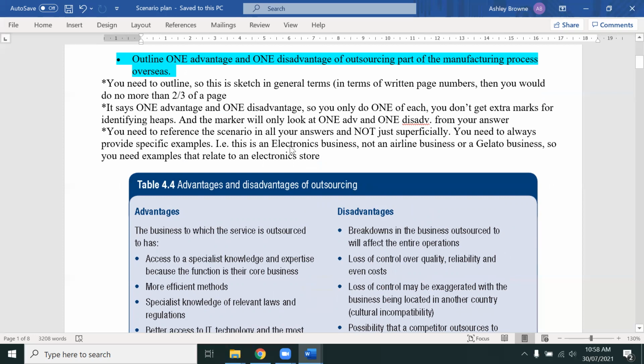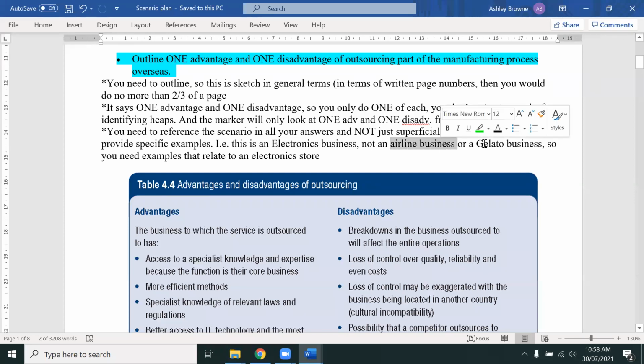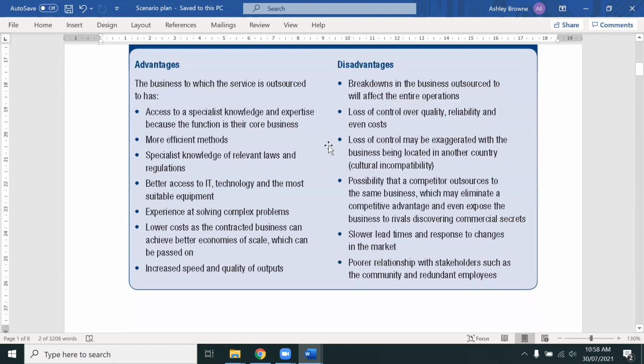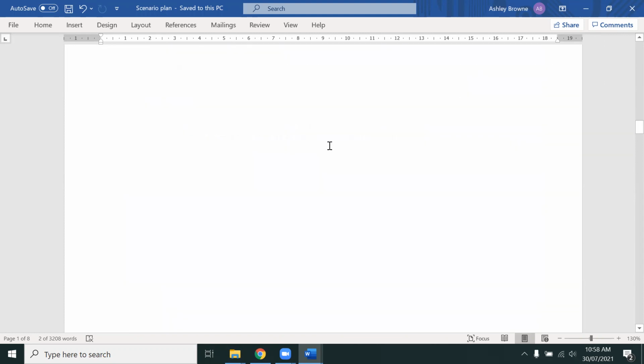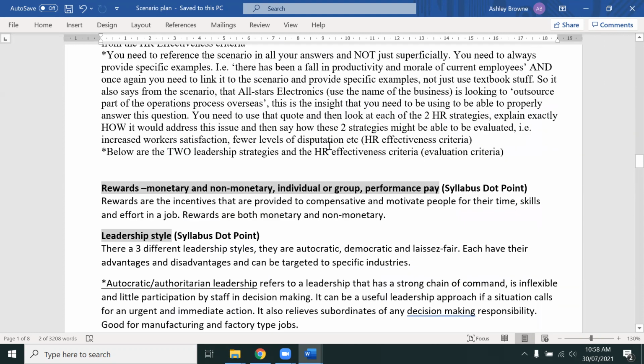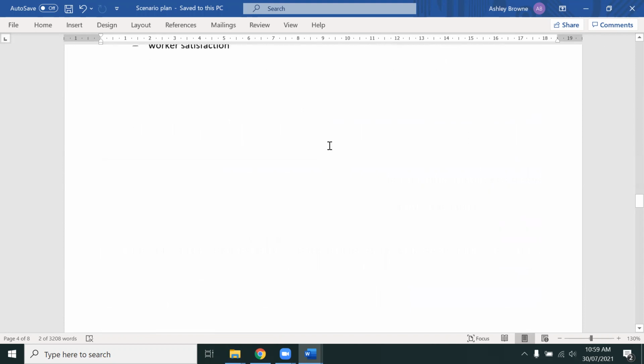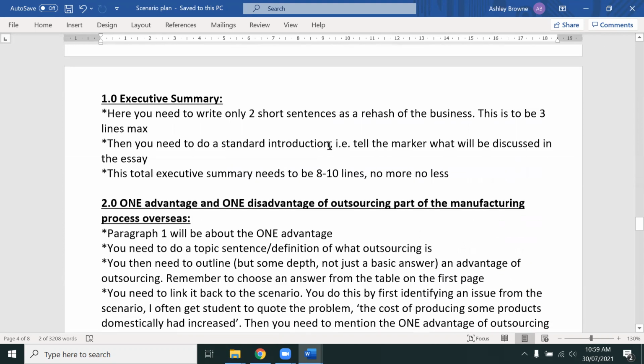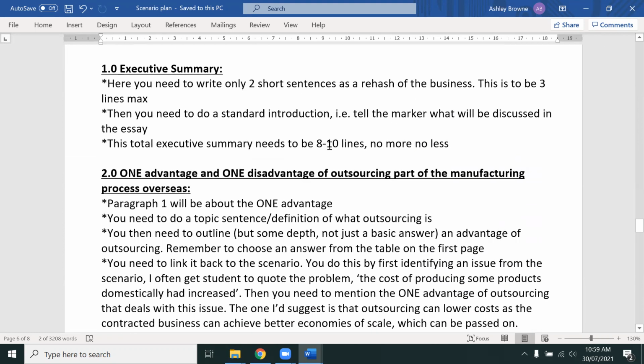This business is an electronics business. It's not an airline business. It's not a gelato business. So you need examples that would be based on an electronics store. If I scroll down, you can see the different colors I've got there for each of the 3 questions. If I scroll down to here, this is a little essay plan that I've prepared.